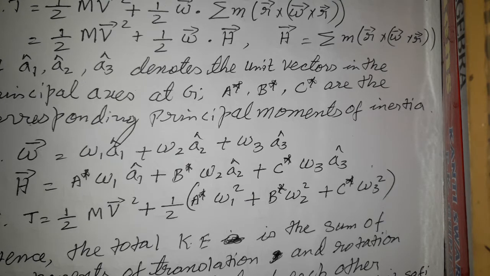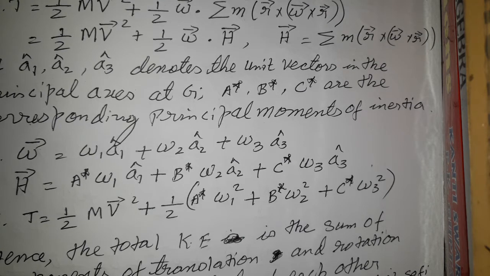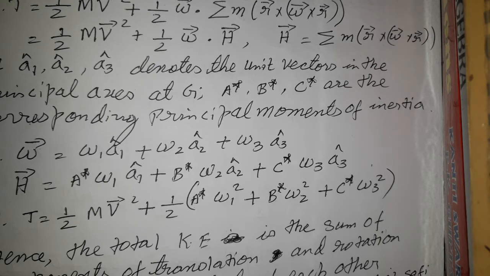Since the centroid is present in the body, there is also kinetic energy due to the particle at the centroid, given as half capital M, because the total mass is concentrated at the centroid, and the distance from origin to G is taken as R1 vector, so we have R1 dot whole thing squared.